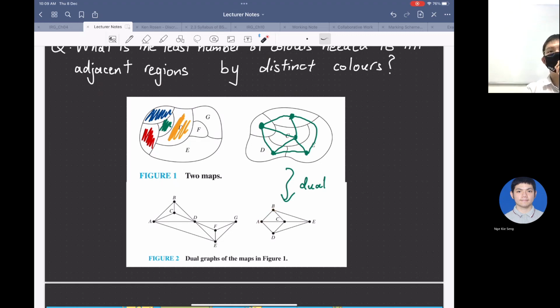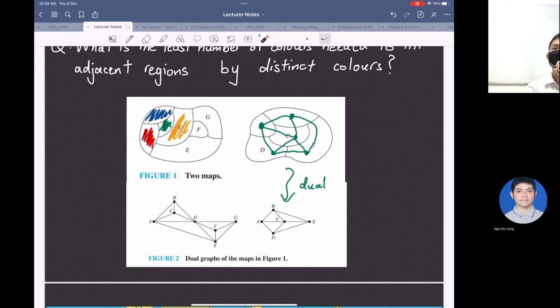Actually, we encountered this before. Who remembers? The bridges, yes, the Seven Bridges of Königsberg. The bipartite graph says you only need 2 colors to color the 2 partitions of the vertices.